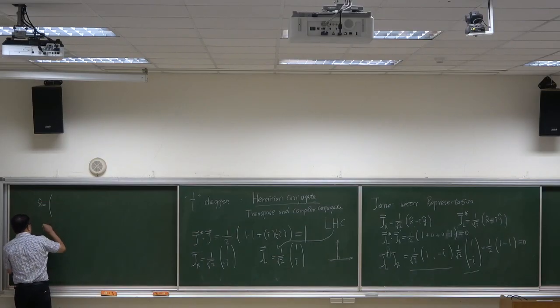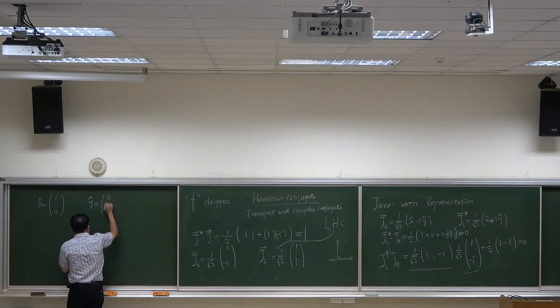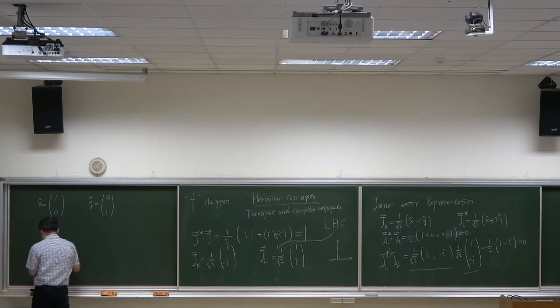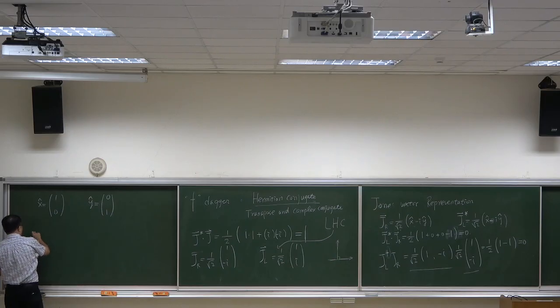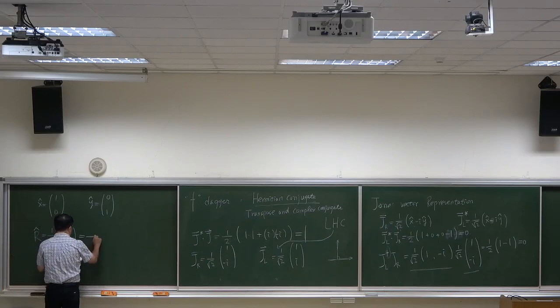X polarization can be written as 1, 0. Y polarization can be written as 0, 1. And right-hand circularly polarized light, usually I write this as R hat is equal to 1 over square root 2, 1 minus I.